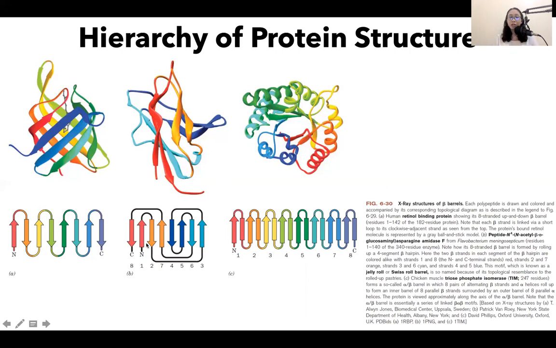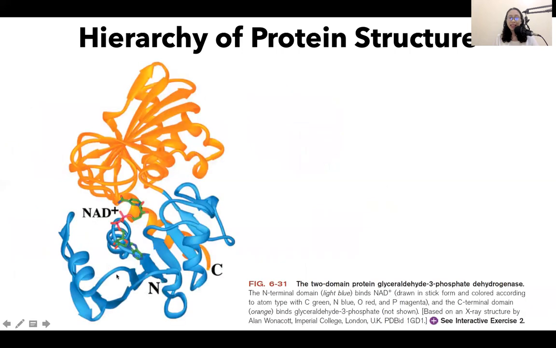So this is your tertiary structure. The highest level in the hierarchy of protein structure is your quaternary structure. But before we go there, I would like to mention domains.